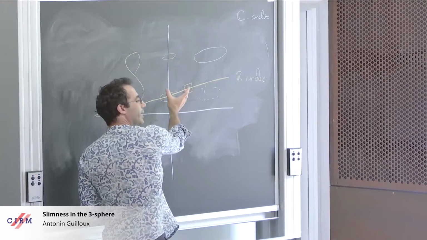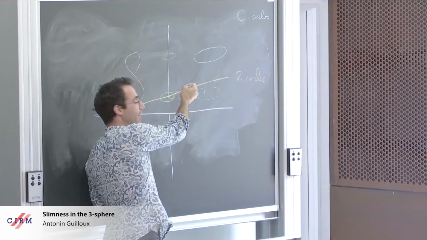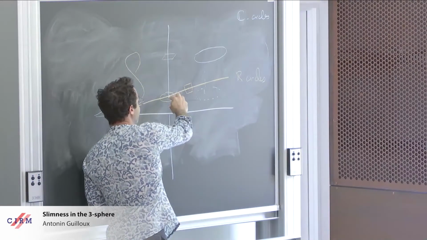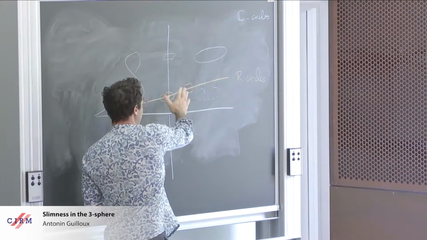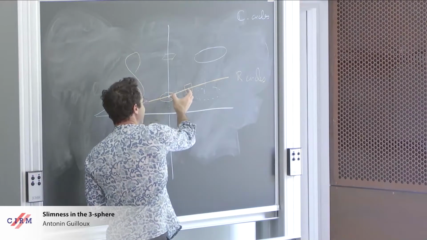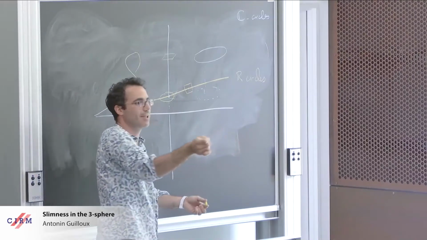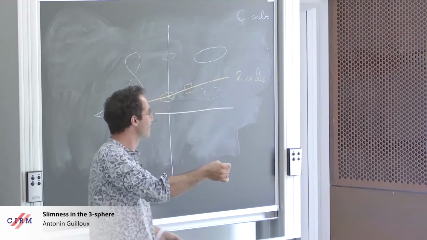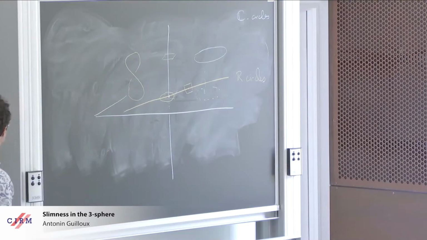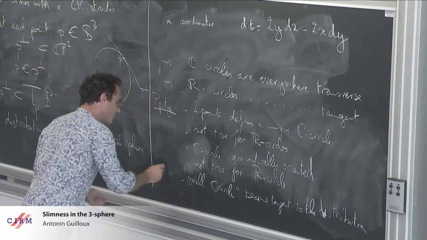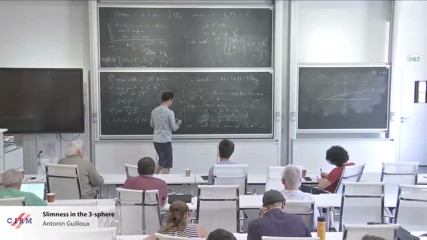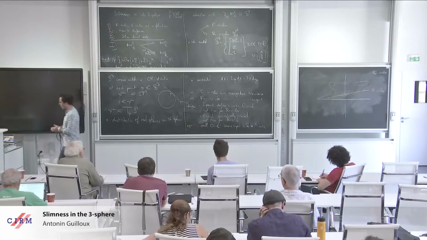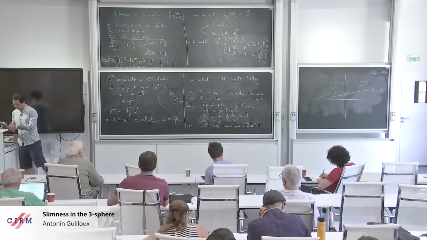When I shrink these circles at this point, they define something which becomes tangent to the contact distribution. Okay? So this is just a very vague statement, but I will try to explain it more precisely later on.